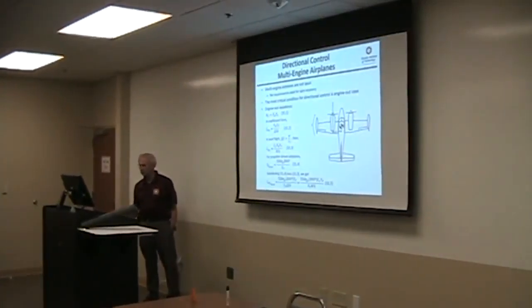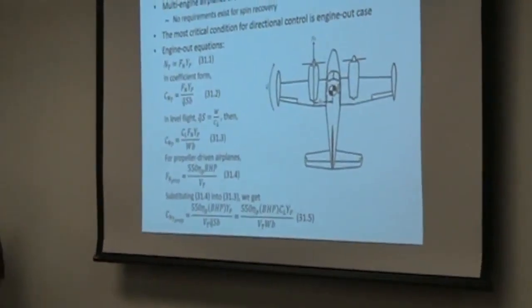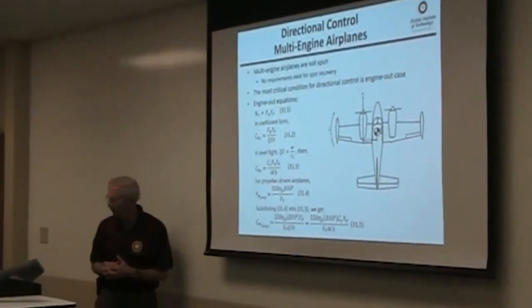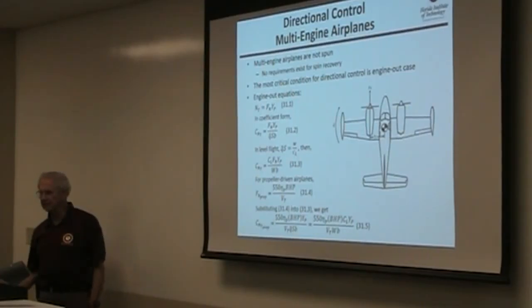So it's going to try to turn the airplane into that dead engine. If we write that in coefficient form, it looks something like this. The yawing moment coefficient due to the engine failure is the thrust of that engine times the distance out, divided by dynamic pressure, wing area and wing span.